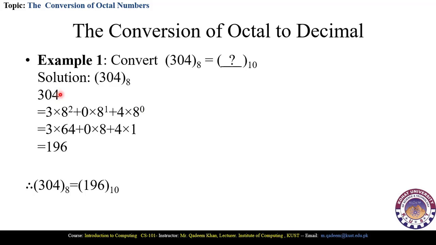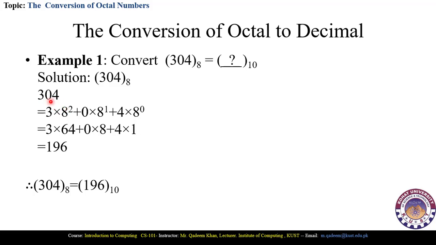Starting from the least significant digit, we increment the base power from 0 onward up to n minus 1. So 4 multiplied by 8 power 0, plus 0 multiplied by 8 power 1, plus 3 multiplied by 8 power 2. Conveniently, you first specify the most significant digit, that is 3, which has 8 power n minus 1, where n is 3, so 3 minus 1 is equal to 2.